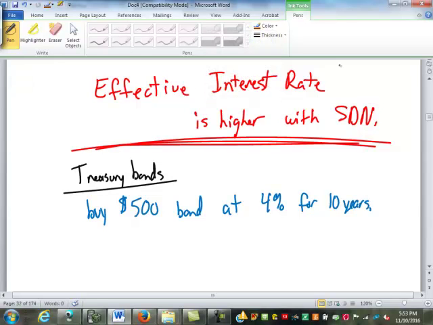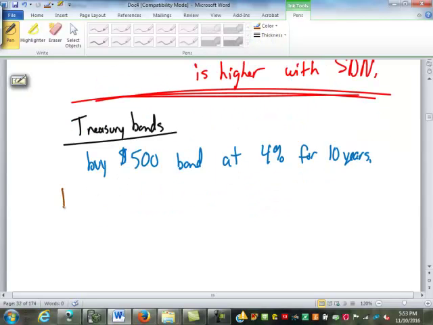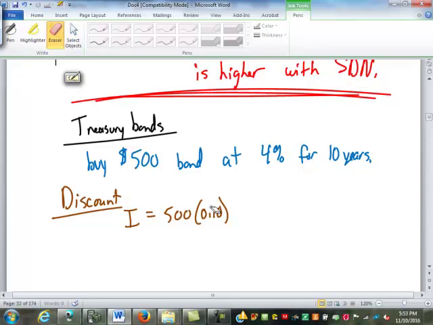The way it works is they figure out your discount, which is just the interest. So it's 500 times 0.10. I'm sorry, not 0.10, 0.04, I should say.